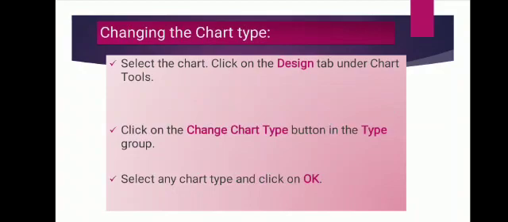So in a chart, the design tab is present under chart tools. So under chart tools, click the design tab, then click on the change chart type button. Then a dialog box of chart will appear, and select the type of chart you want to change and click OK, and then the chart will change according to your selected pattern.